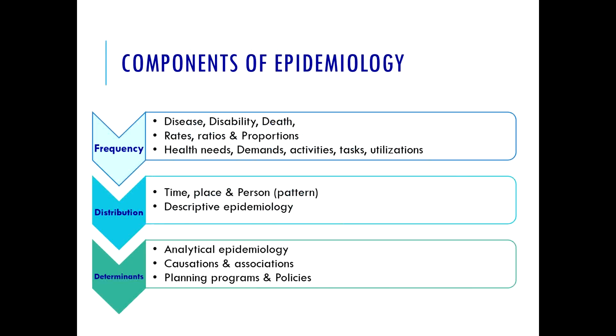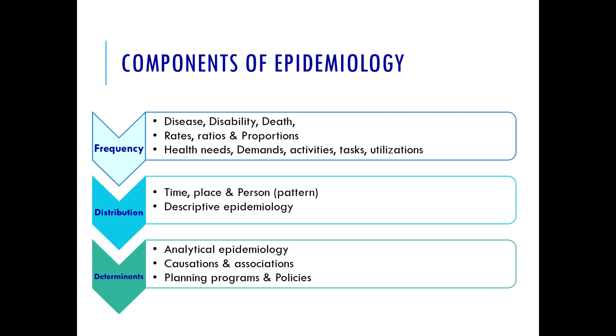Fine. So, going towards the components of epidemiology, which we have discussed in our last lecture, in epidemiology, the epidemiologist is basically concerned with the frequency of the disease, which is actually the numbers. And when we talk about the numbers, as epidemiologists, we are much more concerned about the rates, ratios, and proportions.